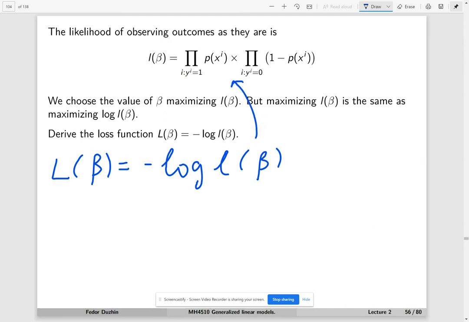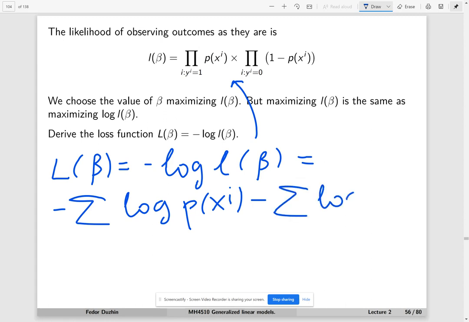Log transforms a product to a sum, so this is going to be minus the sum of log of P of xi, minus the sum of log of 1 minus P. I'm not going to write xi, I hope it's all right. Notice that the first sum is taken over all i such that yi is 1, and the second sum is taken over all i such that yi is 0.